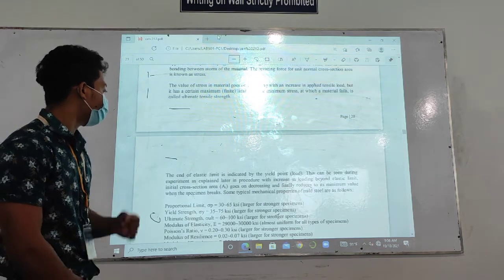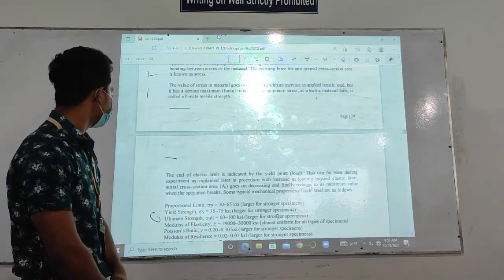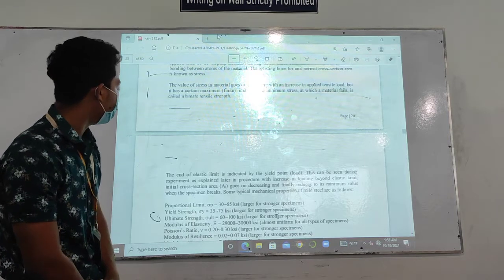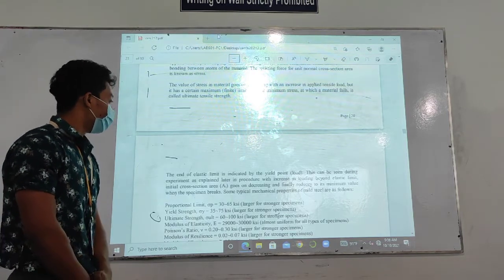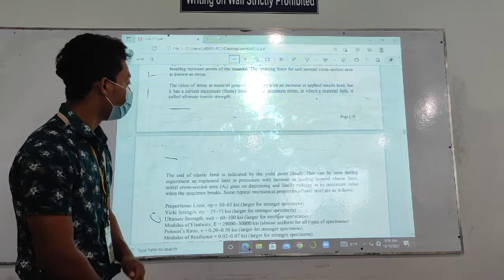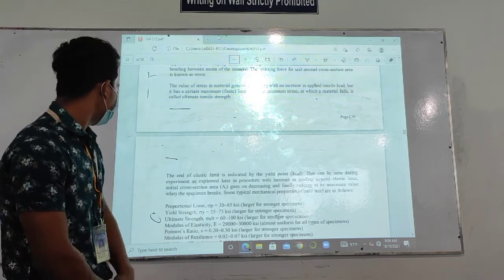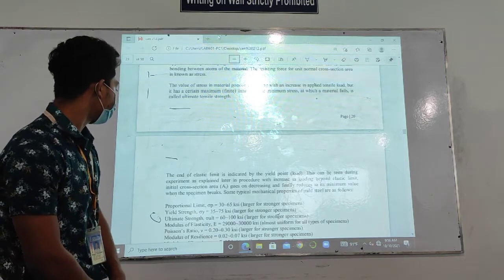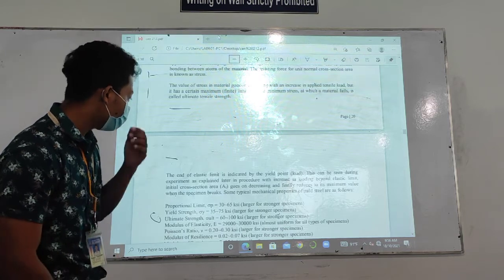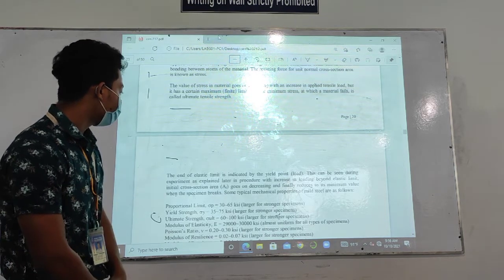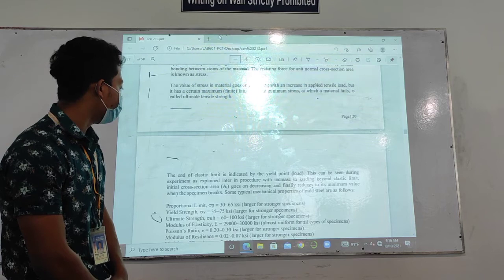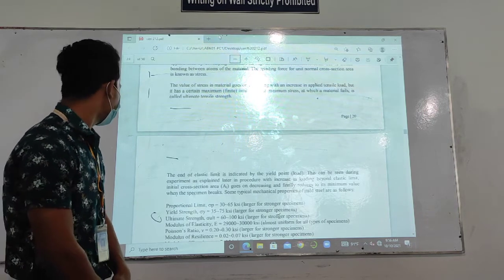This can be seen during the experiment as explained later in the procedure. With increase in loading beyond the elastic limit, the initial cross section area goes on reducing and finally reduces to its minimum value.